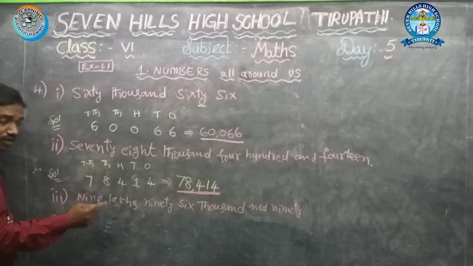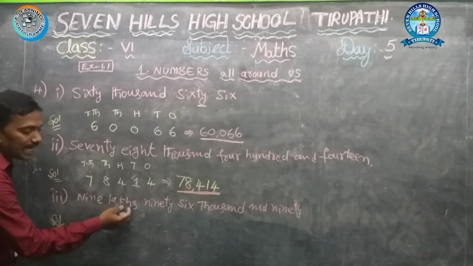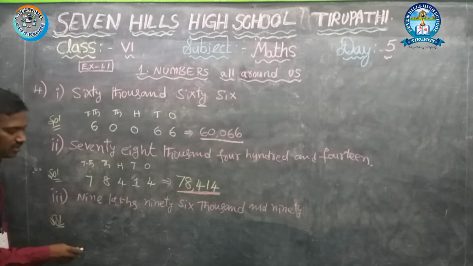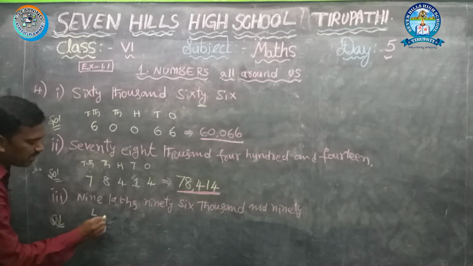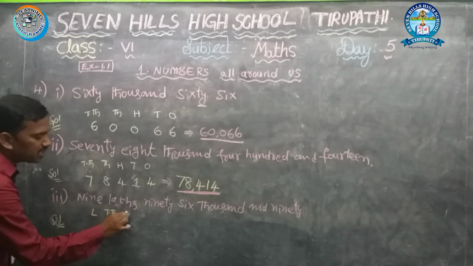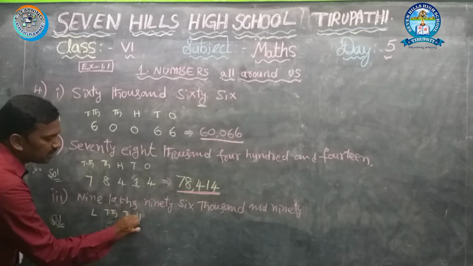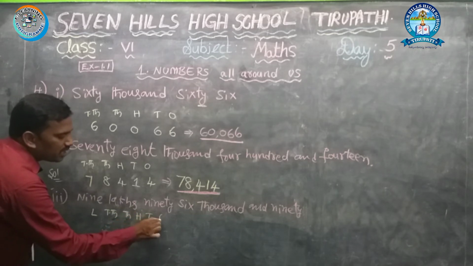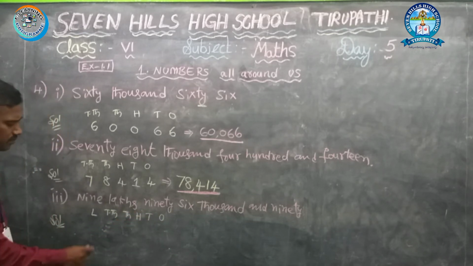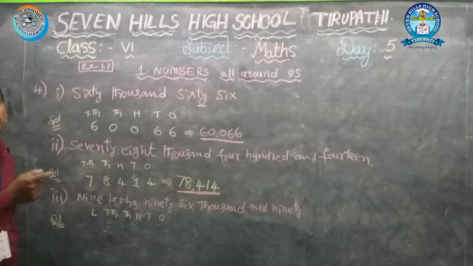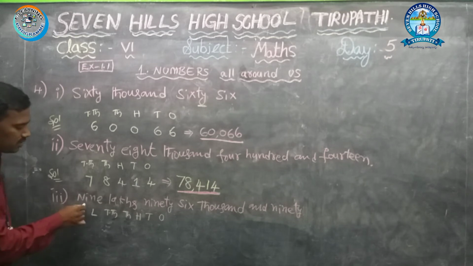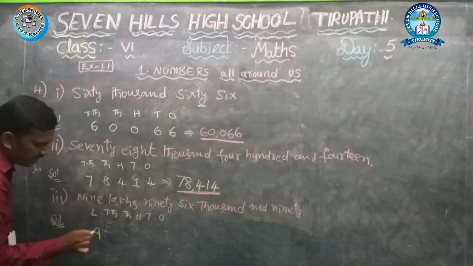It starts with lakhs. So lakhs place, 10,000s place, 1,000s place, 100s place, 10s place, 1s place. If it is 9 in the lakhs place, then only it is 9 lakhs, right? So in the lakhs place it is 9.